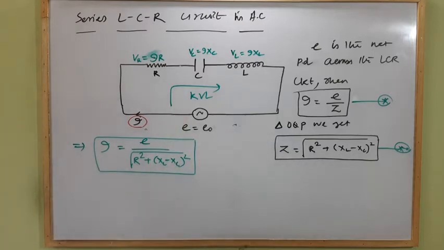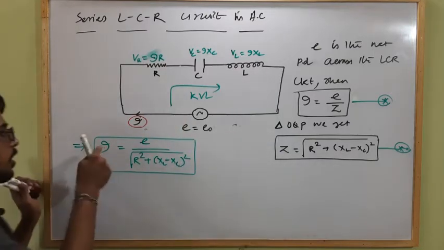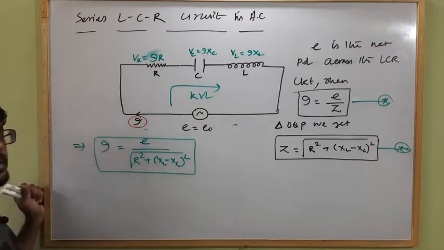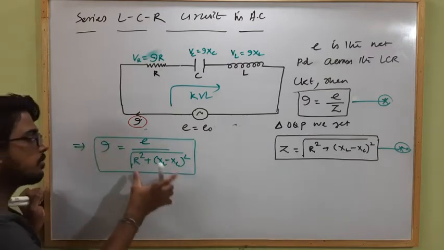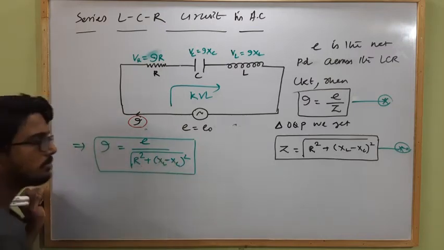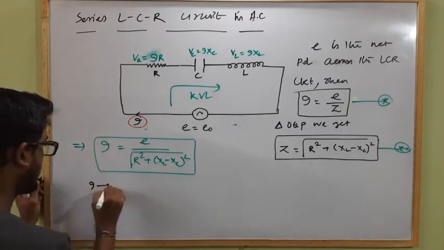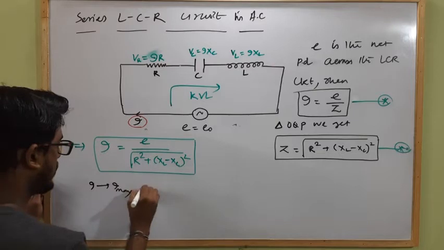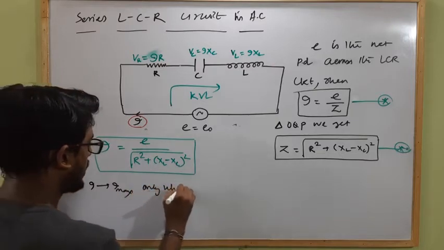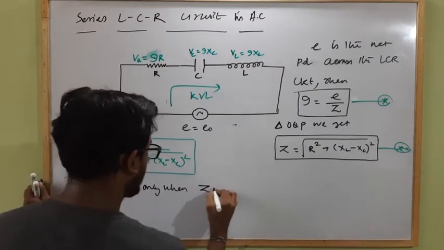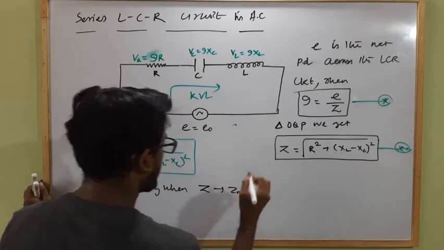Okay, clear? So I will be maximum when? I will be maximum when this term will be minimum. So I tends to I max only when the impedance Z tends to Z minimum.